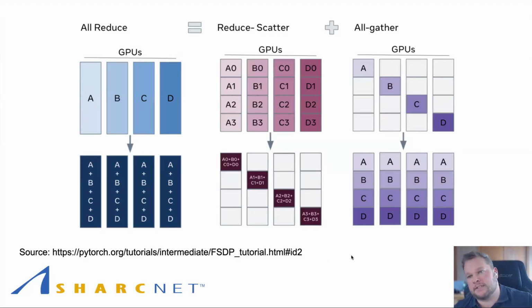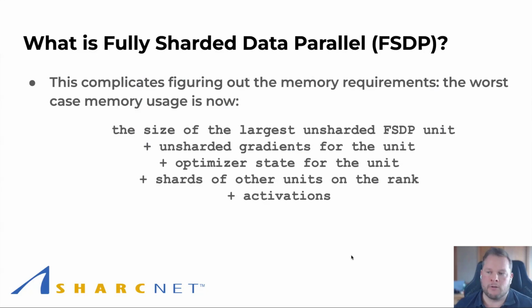And this complicates the picture for figuring out our memory requirements. So the worst case we're looking at is: what is the size of the largest unsharded FSDP unit? And what is the size of the unsharded gradients for that unit? What is the optimizer state in that unit? And then we also are still keeping all of the shards of the other units on that rank.